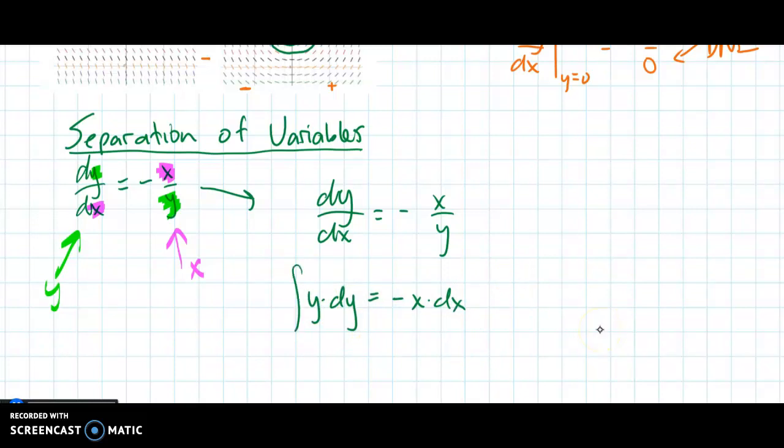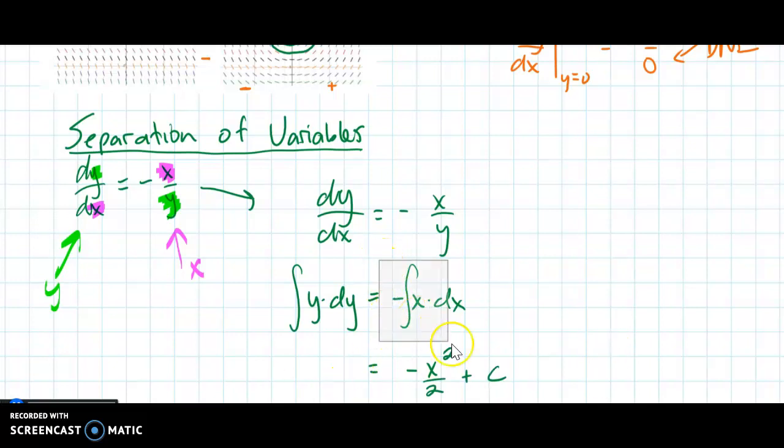Then what it allows me to do is integrate both sides independently. I'm going to put the integral right there. The right side is some simple power rule. I get negative x squared over 2 plus a constant.